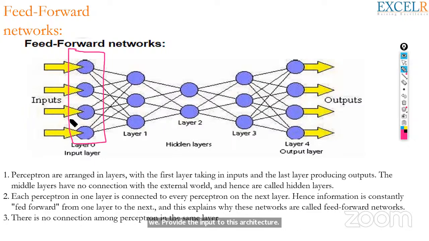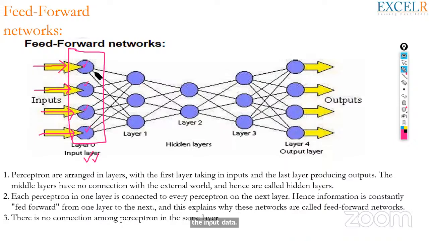Whatever input data you have is fed into this input layer only. And as I explained yesterday also, the nodes of the input layer do not do any kind of processing, right? The processing will be done by all the nodes except the input layer nodes. So these nodes will only contain the input data.